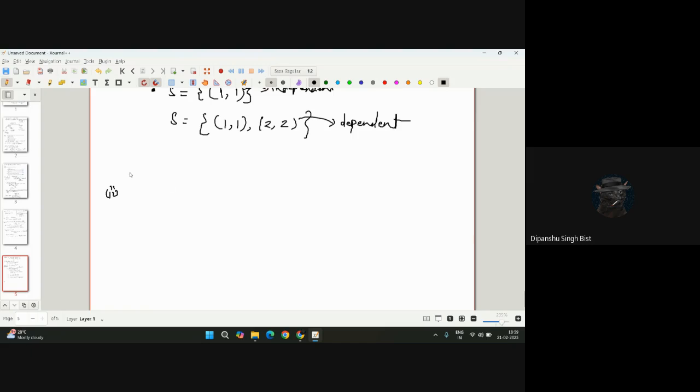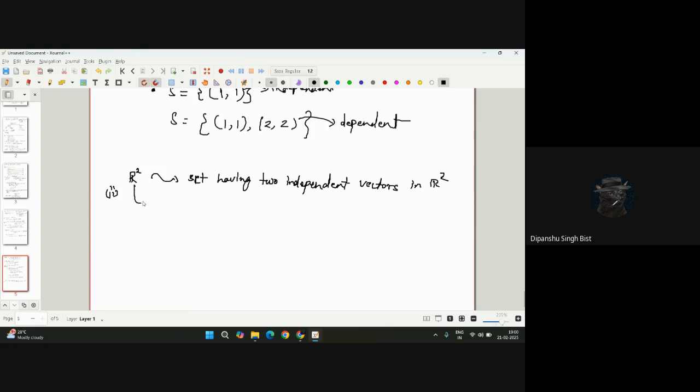So if I talk about R2, the entire R2 can be spanned by a set having two independent vectors in R2.